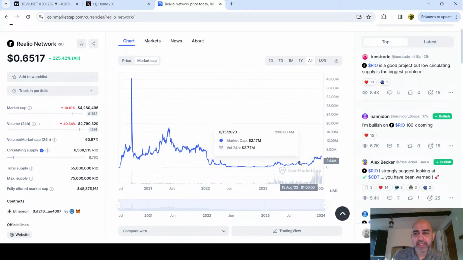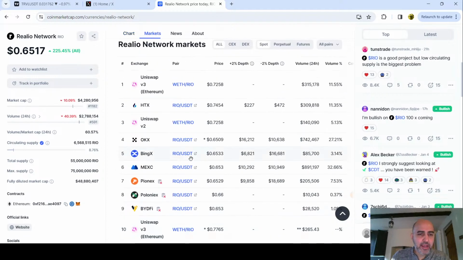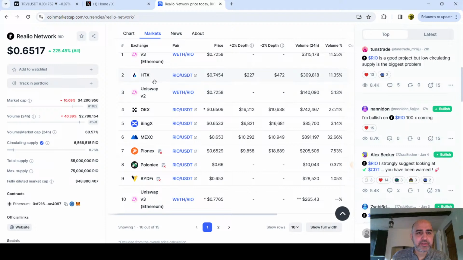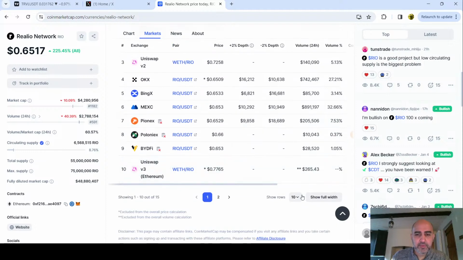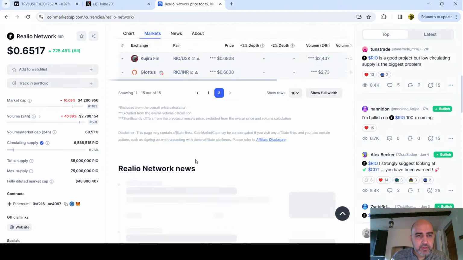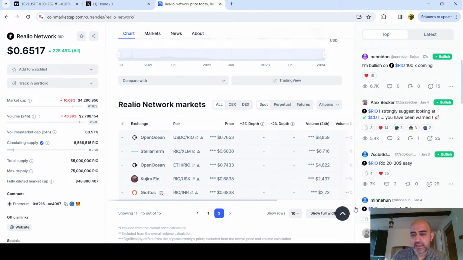So it's quite a low market cap token. They're already on quite a few exchanges. Look, they're on OKX, BingX, MEXC. These are ones I haven't really heard of, OKX being the biggest one.